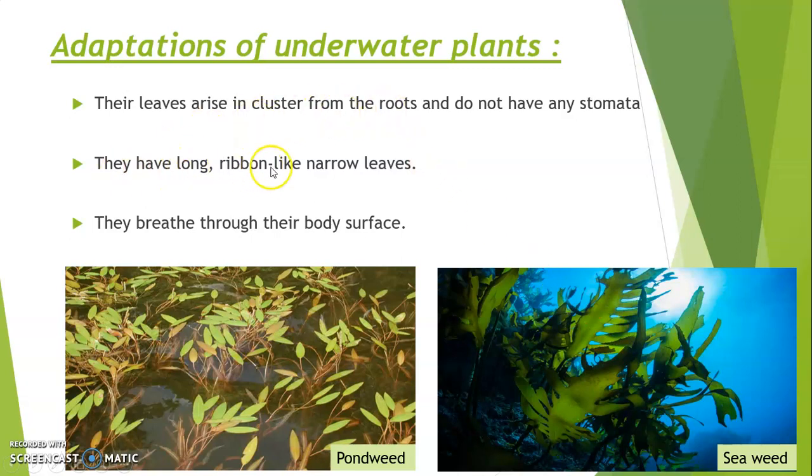They have long, ribbon-like, narrow leaves, and they breathe through their body surface. So see, this is the pondweed plant and this is the seaweed. Both of them are underwater plants.